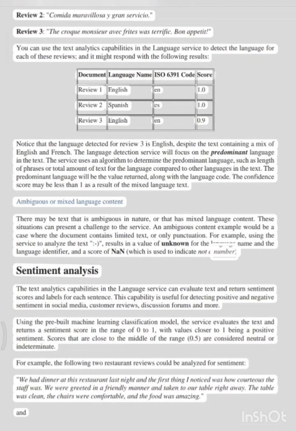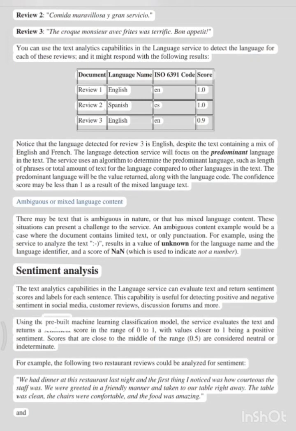Sentiment analysis. The text analytics capabilities in the language service can evaluate text and return sentiment scores and labels for each sentence. This capability is useful for detecting positive and negative sentiment in social media, customer reviews, discussion forums, and more.